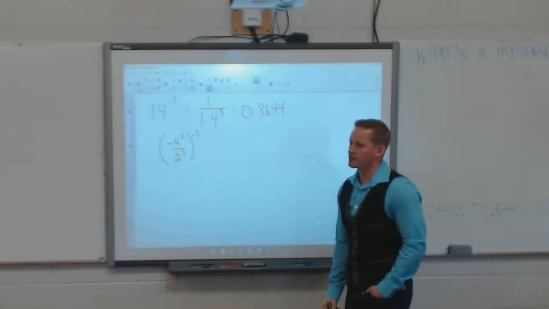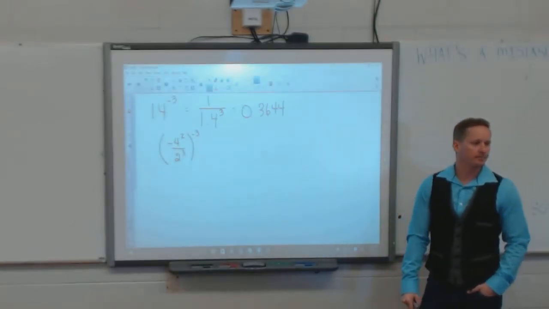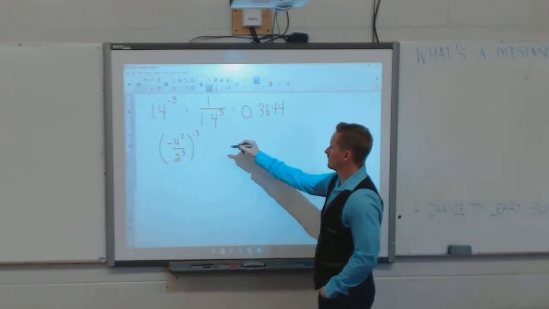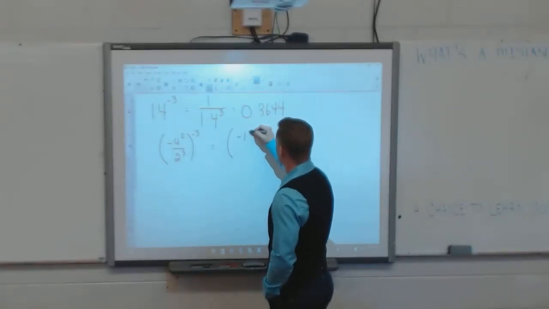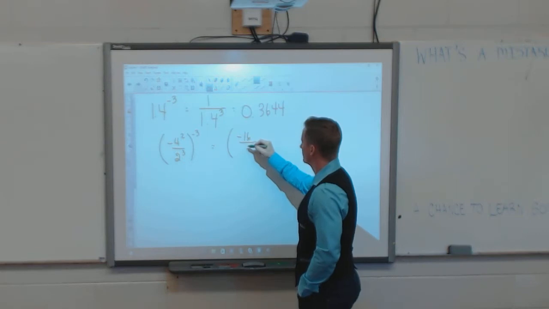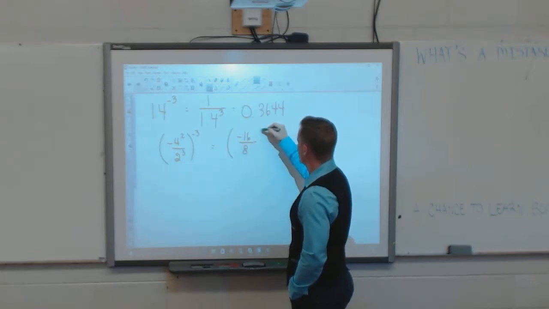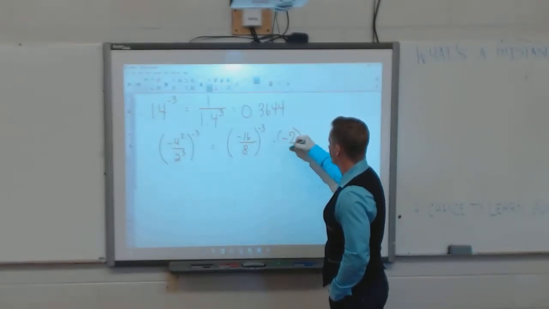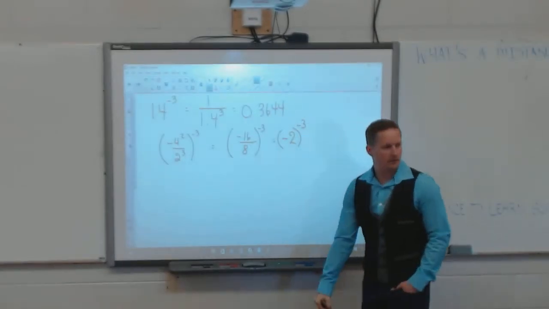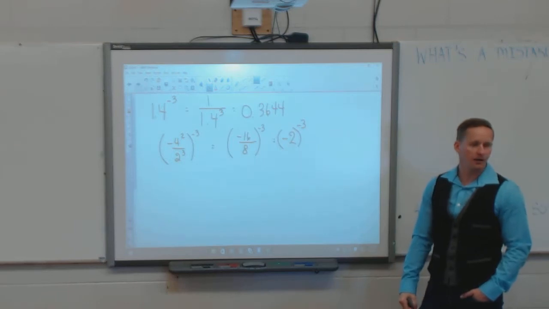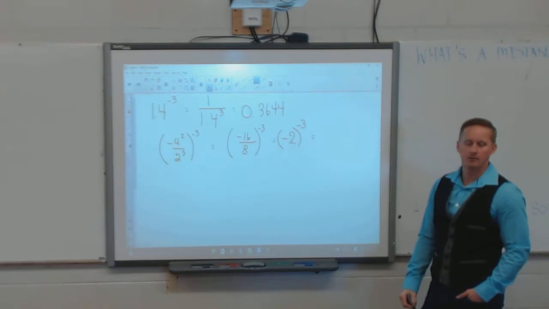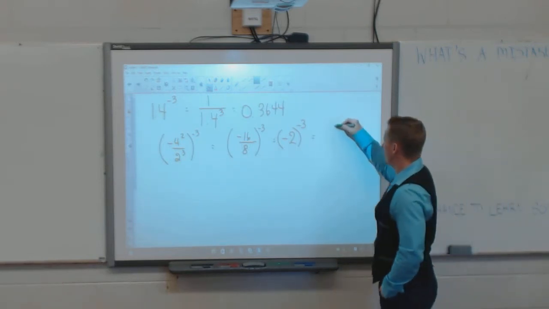Okay, so if I just focus on inside the brackets right now. All right? What is 4 squared? What's 2 cubed? Right? So far? How do I make that a positive exponent? Reciprocate it.